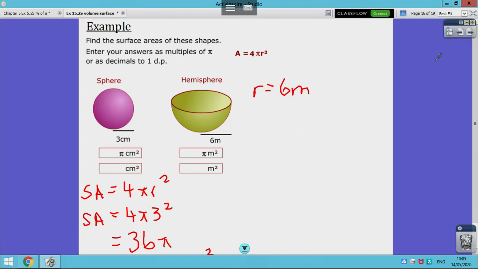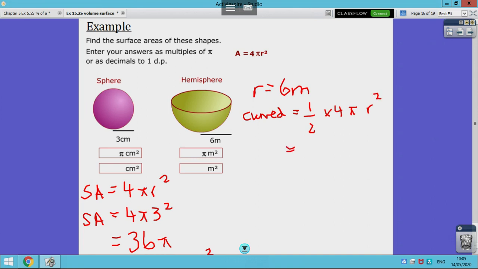So you have to think about what's the area of that circular face and what's the area of the curved edge. Now let's think about this. So the curved edge would be 1/2 times by 4 pi r squared.